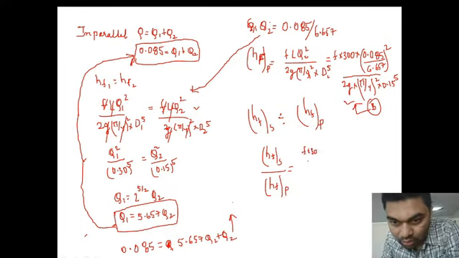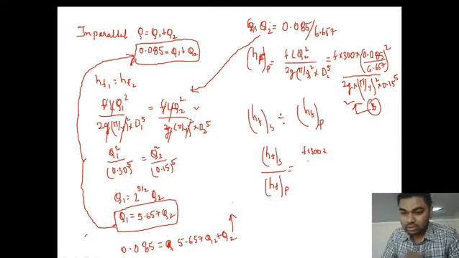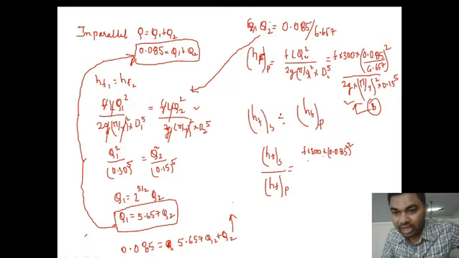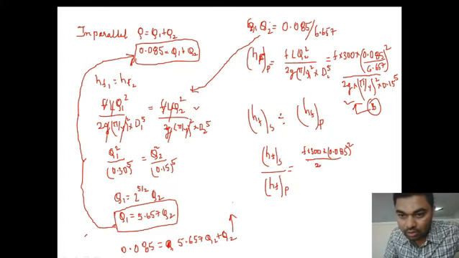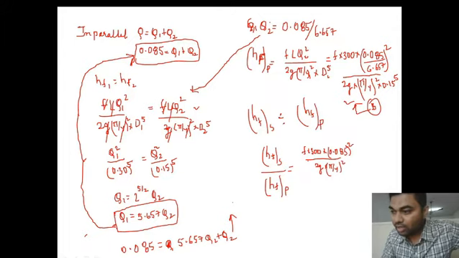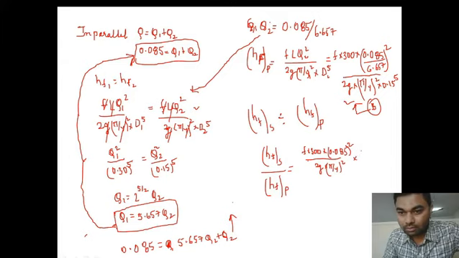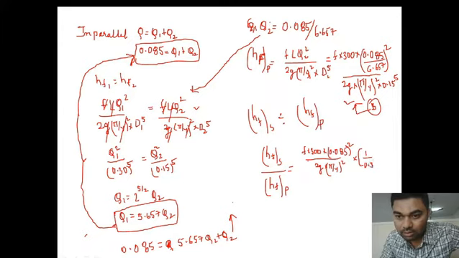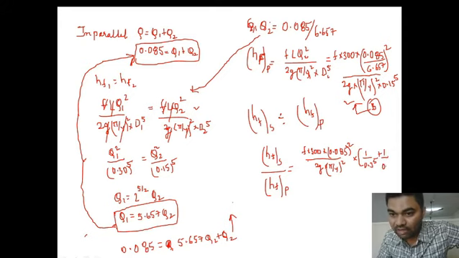F into 300 into 0.085 whole square by 2g into pi by 4 whole square into 1 by 0.3 whole to the power of 5 plus 1 by 0.15 whole to the power of 5.